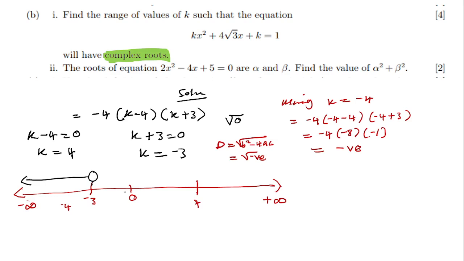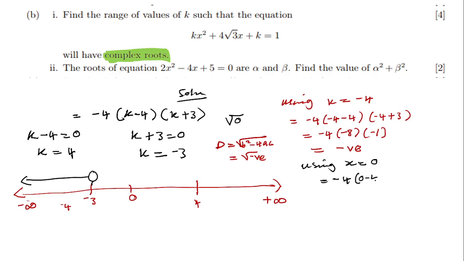When you try out numbers in between negative 3 and 4, let's say you put a 0 there, using x equal to 0, you're going to have negative 4, and then 0 minus 4, and then 0 plus 3.